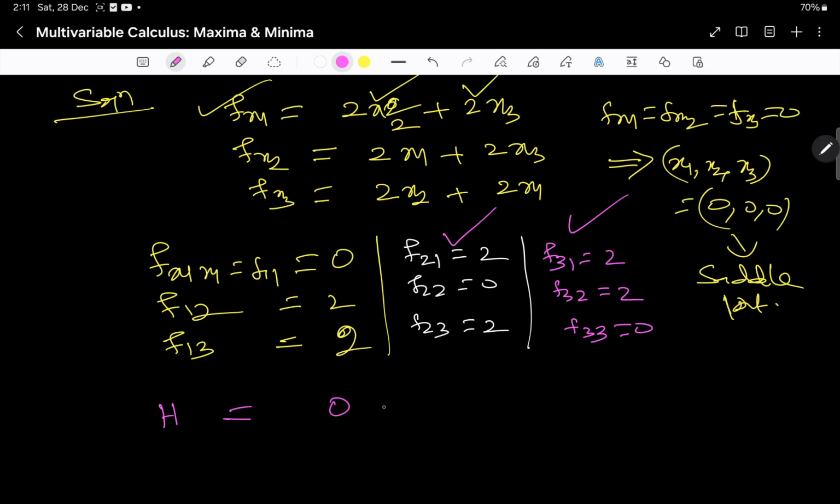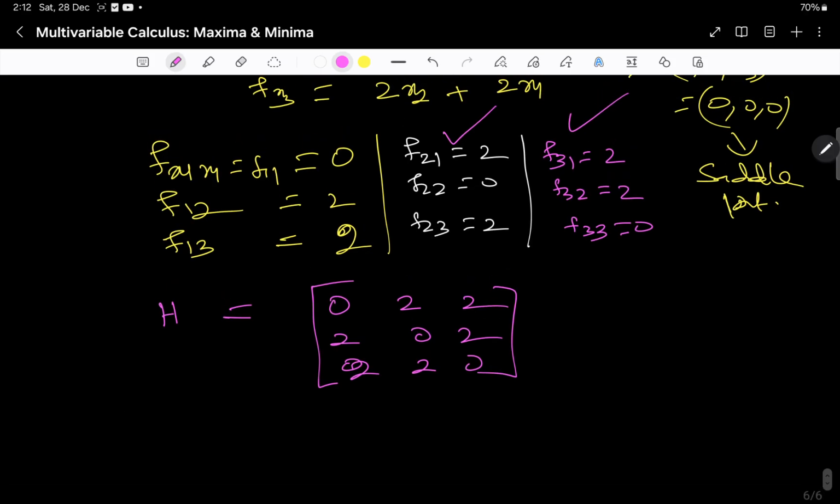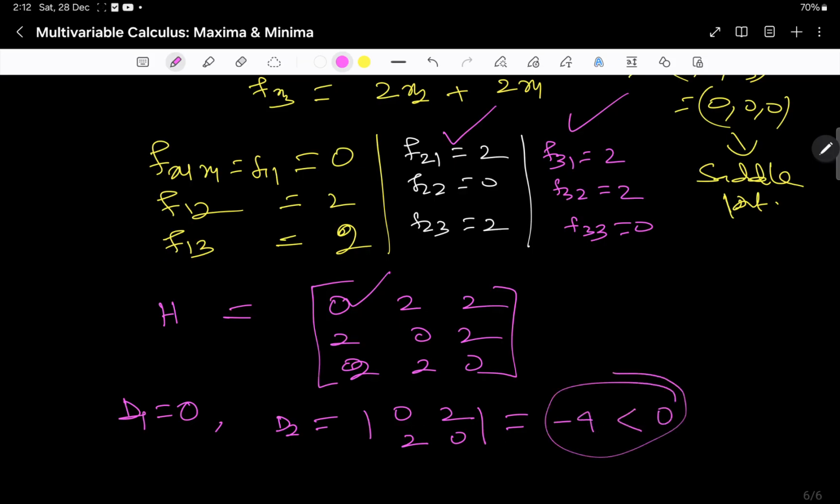Hessian matrix is 0, 2, 2, 2, 0, 2 and 2, 2, 0. So this is my Hessian matrix. Now what about the principal minors here? d1 is 0 here. And what is d2? d2 is the determinant of 0, 2, 2, 0. So this is minus 4, which is negative. So 0, 0, 0 is a saddle point, right?